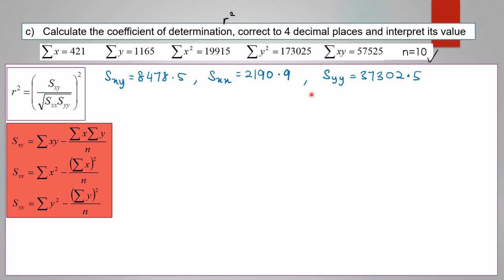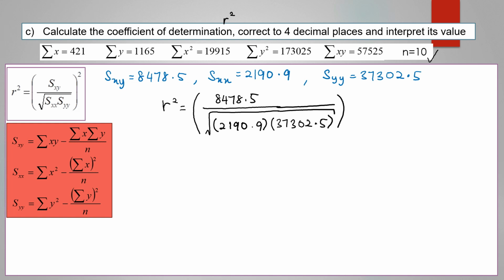Now let's put them into the formula that we have. So R square equals everything in bracket 8,478.5 divided by square root 2,190.9 times 37,302.5.